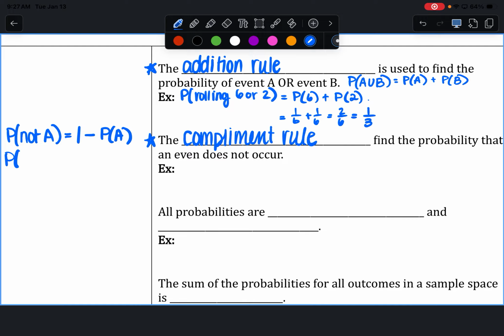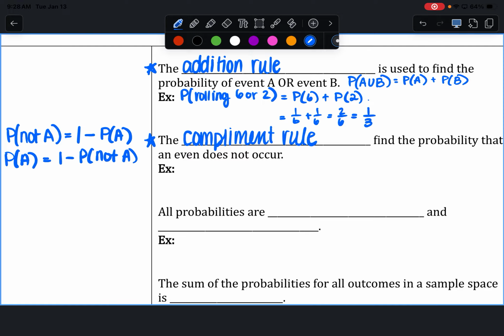The probability of A is equal to 1 minus the probability of not A. So if I ask you the question, the meteorologist said that today has a 20% chance of rain. So what is the chance of it not raining? 80. You did 100% minus 20%, right? That's the same thing that's happening there, except we're doing it without the percents. We're doing it as the decimal equivalent.